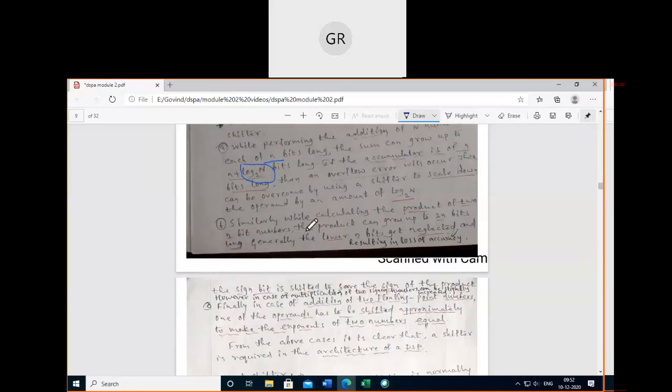Similarly, while calculating the product of two n-bit numbers, the product can grow up to 2n bits long. Generally, the lower n bits get neglected, resulting in loss of accuracy.